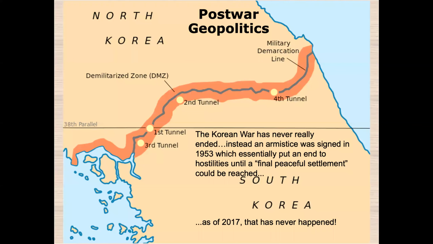Basically, I need to update this. As of 2020, this hasn't happened yet. The Korean War has never ended. It was simply a stalemate, an armistice that was signed. But that effectively closed off north from south.